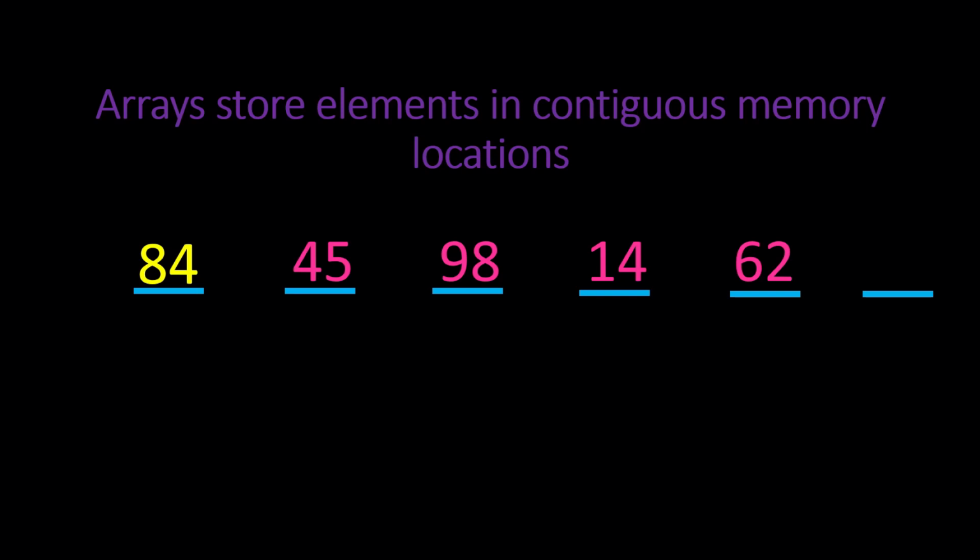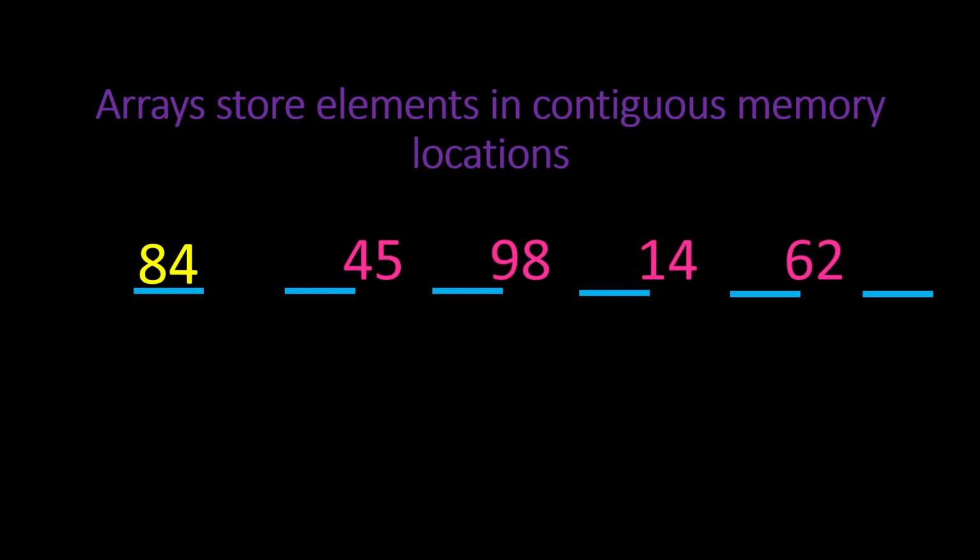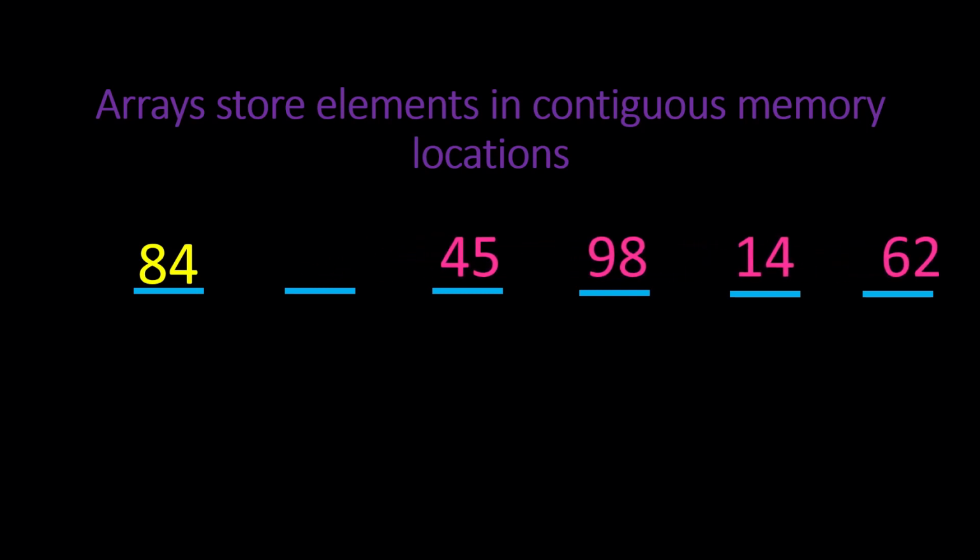If I wanted to add an element to the beginning of this array, I really can't easily do that because I'd end up overwriting this unrelated piece of data stored in memory right next to it. And when this occurs, the only solution is to shift the entire array over, which computationally is an expensive operation.